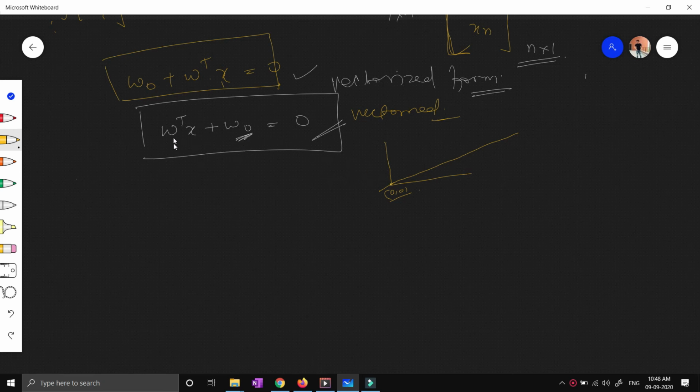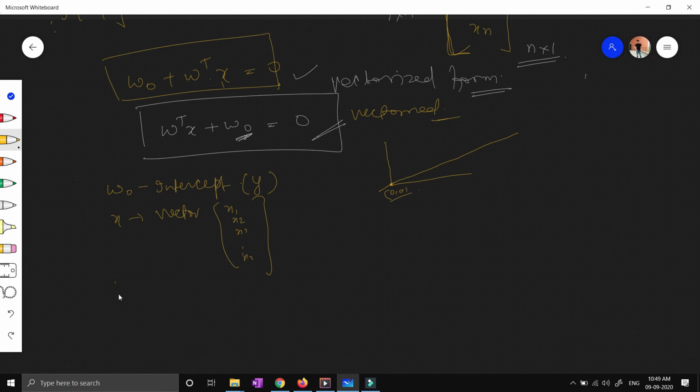Let me define what these values are. W0 is an intercept term, like we have seen, where my line touches the y-axis. X is a vector, or you can say these are my data points x1, x2, x3 and so on up to xn in the form of a vector.